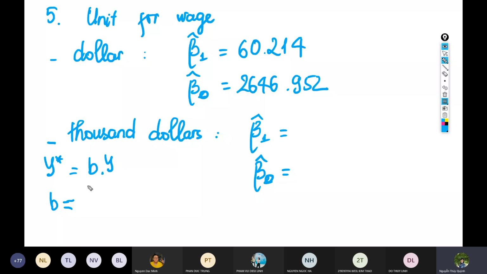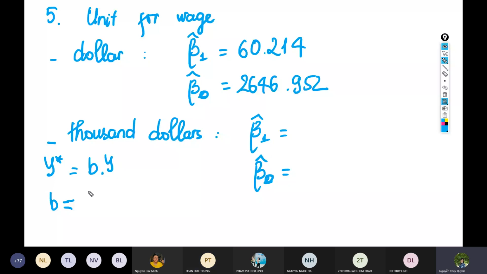But if we use $1,000 as the unit for our wage, then that observation will have the value of 3, right? So what is b here? It's 1/1,000.